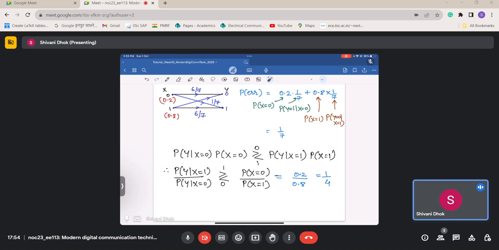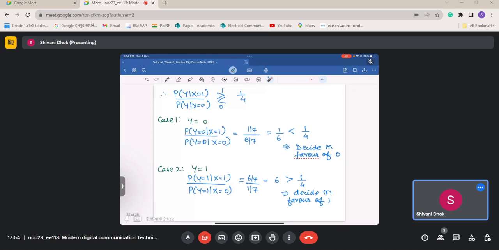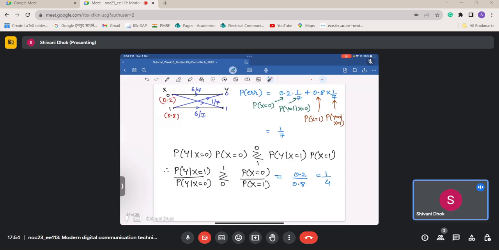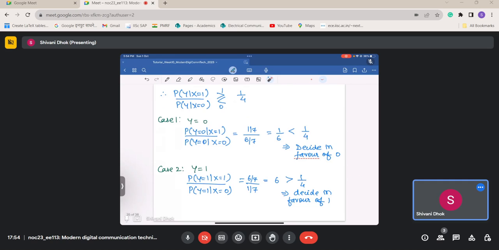So these two ratios will be interchanged, and then we'll get a completely opposite decision rule, where if I observe 0, then I'll decide in favor of 1, and if I observe 1, then I'll decide in favor of 0. So those kinds of things can also happen if we have these transition probabilities interchanged. Any questions?